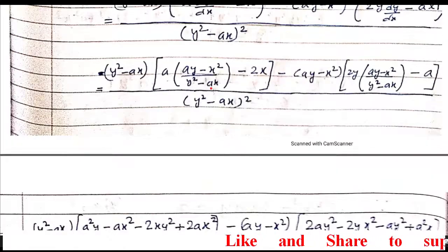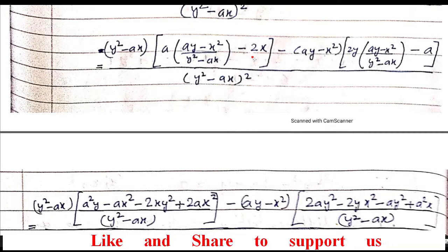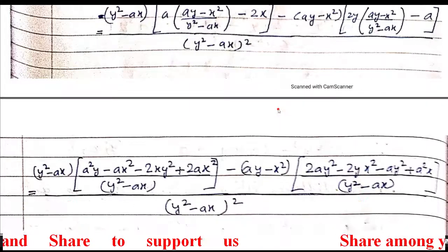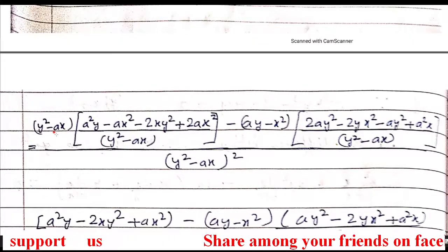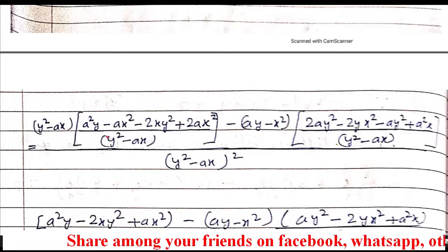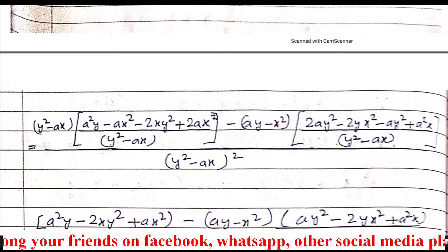Now here what you have to do is take the LCM here, here also, and here also. Other terms just keep as it is. After taking the LCM you will obtain it like this. And now you can see this bracket and this LCM are the same, so they will cancel each other. And here this bracket and this bracket are not the same, so they will not cancel each other.